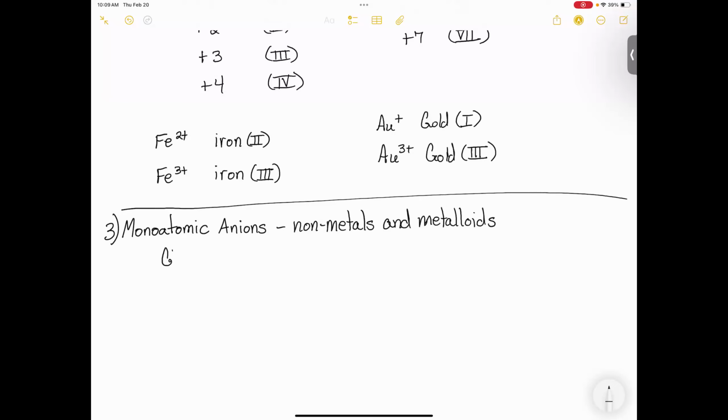For the charges, if it's group 15, it'll be a -3 charge. If it's group 16, it'll be a -2 charge. And if it's group 17, it'll be a -1 charge.